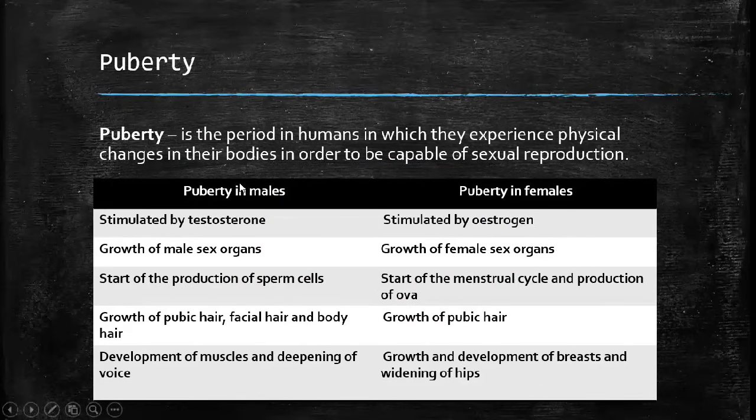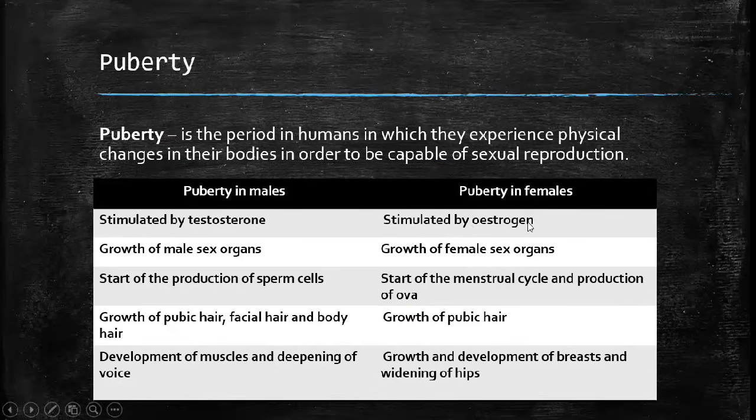Okay, let me just explain the table to you guys. Puberty in males is controlled or stimulated by what we call testosterone, which I'm going to discuss with you guys when we do gametogenesis, especially when we do spermatogenesis. And then in the female body, puberty is controlled or stimulated by estrogen.